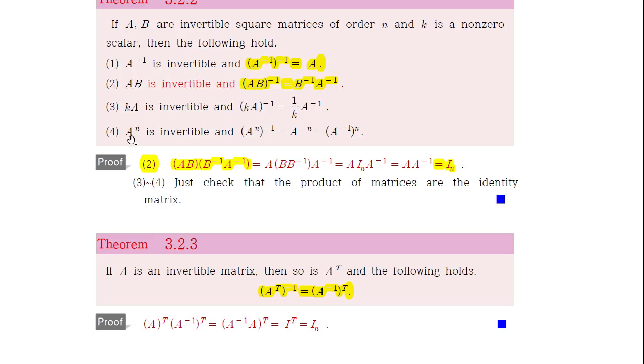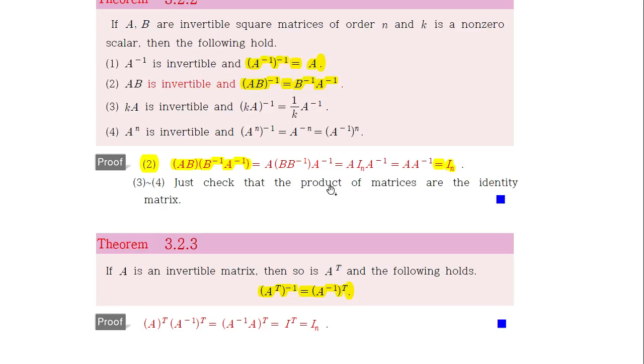If A is invertible, then A to the nth power is invertible. Why? Because if you multiply A to the n and A to the minus n, then it is going to be an identity matrix, vice versa. Okay? So A to the n is also invertible, and the inverse of A to the nth power is this, A to the minus nth power.